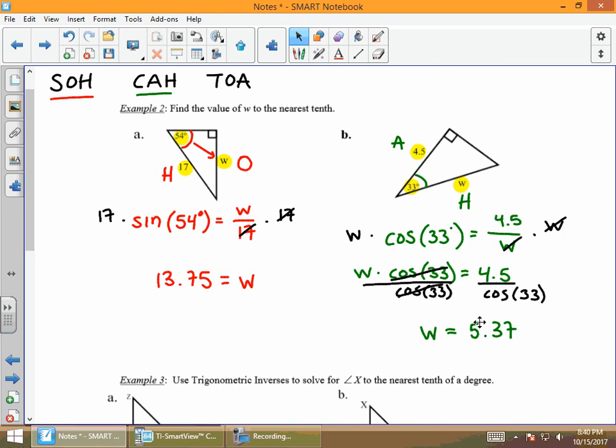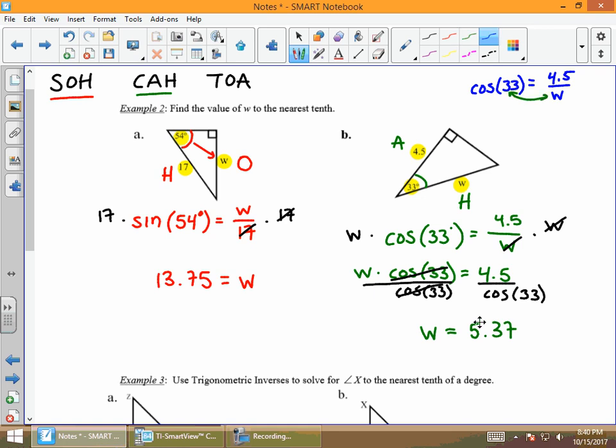You're going to hear me say a lot of times when I see problems like this, for years I always told people when you have that W underneath, you can do what I call the old switcheroo. So if I have the cosine of something, like 33, and it equals 4.5 over the variable, if my variable is in that denominator like that, I can actually just switch these two things.